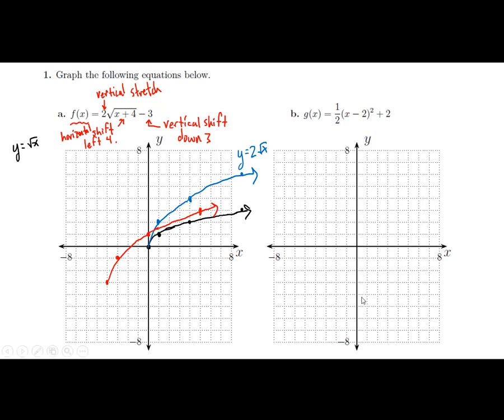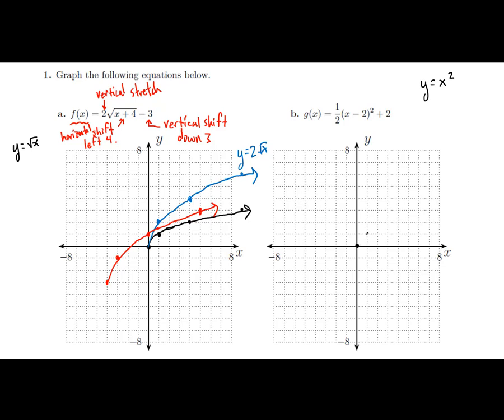All right, so let's take a look at this other one. This one is clearly shifting a parabola around. So we know that plain old y equals x squared is going to be at the origin to begin with.